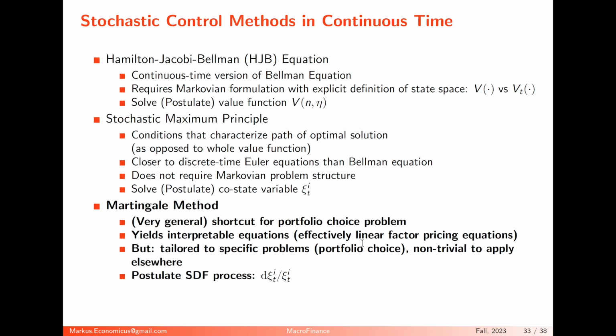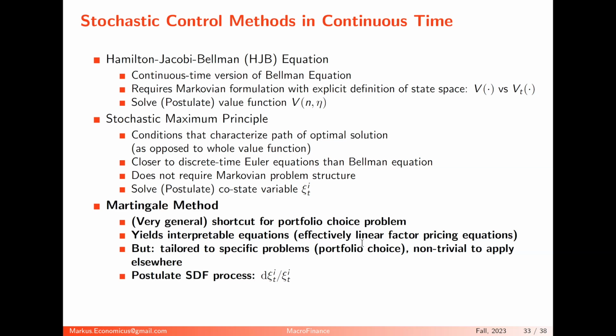The disadvantage is it cannot be applied so generally if you have a lot of other constraints, because it's tailored more to this portfolio choice. The way we do it, we postulate a stochastic discount factor process. We will use this over and over again. And then we work with that and close the model at the end.